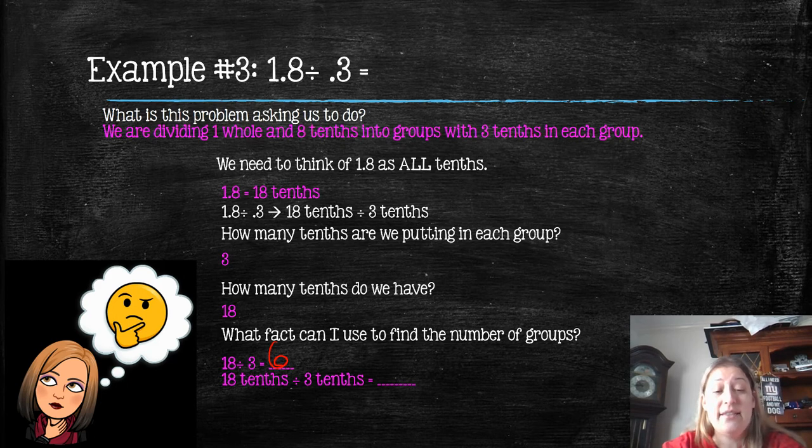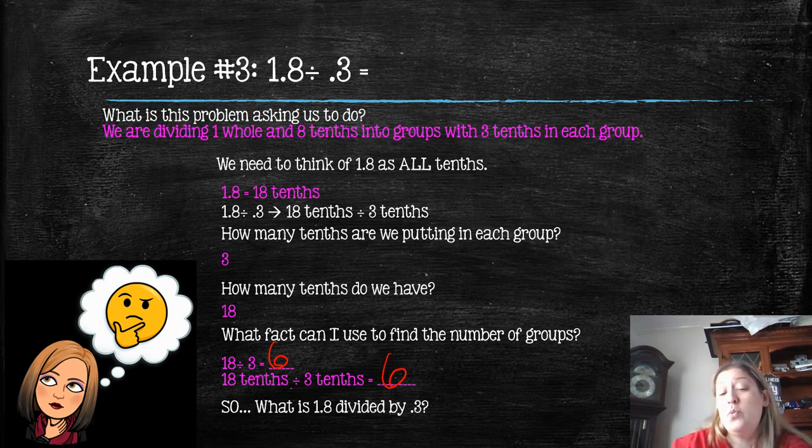So 18/10 divided by 3/10 is 6. It is not 6/10 because we're talking about how many groups I can make, okay? Not how many tenths there are. So what is 1 and 8/10 divided by 3/10? 6.